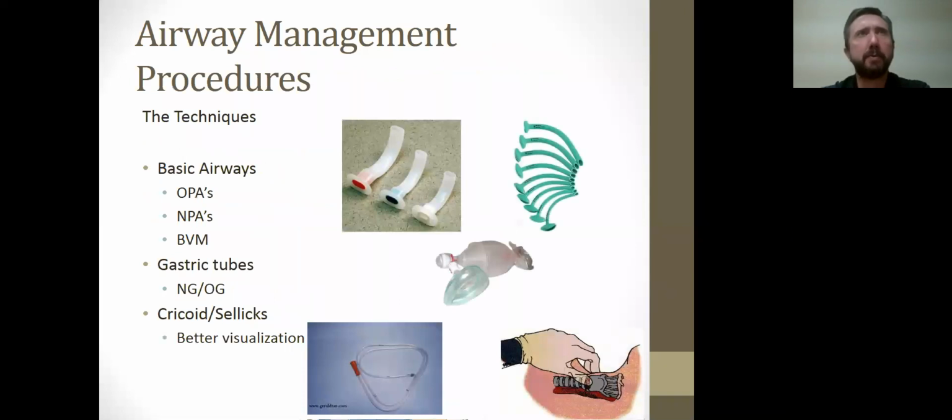So going back to the basics here, our procedures, and we'll have skills lab, okay? OPAs and NPAs displace the tongue forward and away from the posterior pharynx. Of course, BVMs, you have one and two person techniques. The NG tube or gastric tube has an open port, or in other words, vented for flight.